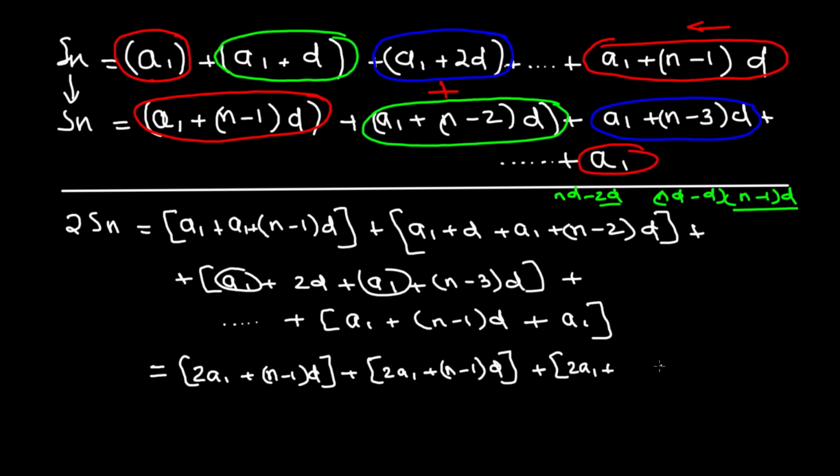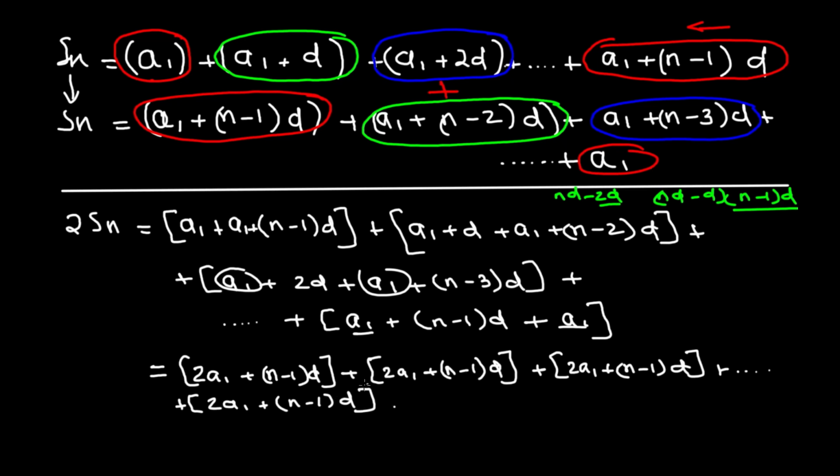That will give me n minus 1 d. Then we're going to have a gap, and then we continue with our addition here. The addition is this and this, which is a minus 1. There's no need to expand this because I don't have any d anywhere. So this will become 2a plus n minus 1 d.